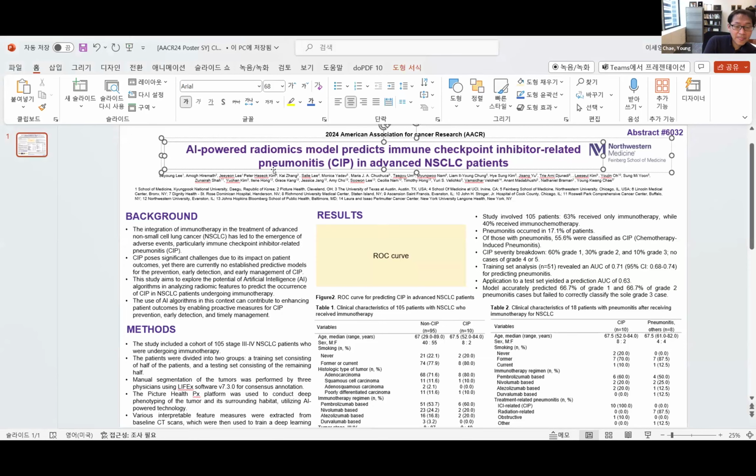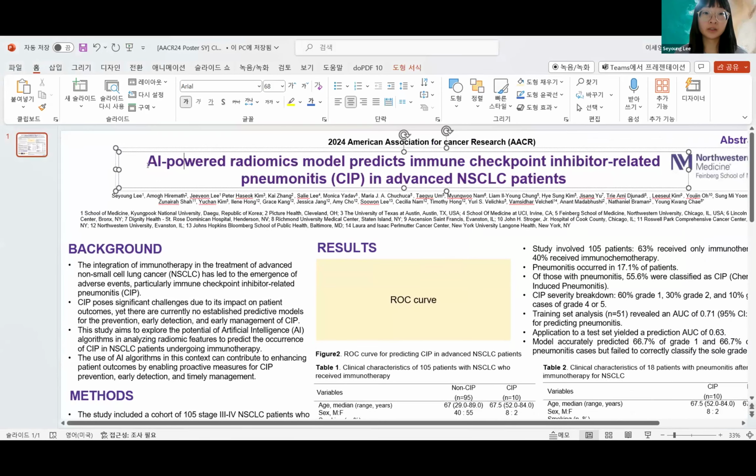Okay, here. Yes, so the title is AI powered radiomics model predicts immune checkpoint inhibitor related pneumonitis in advanced NSCLC patients.